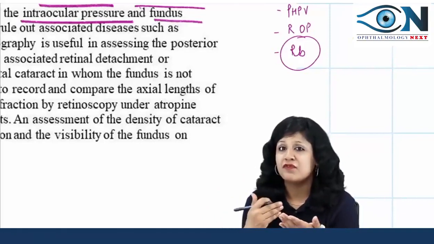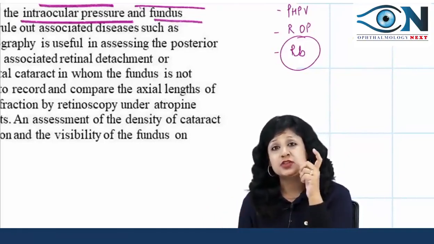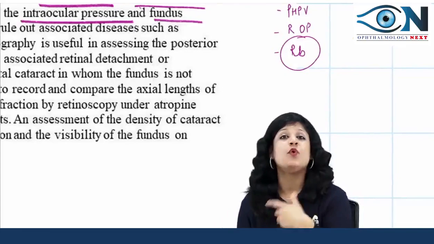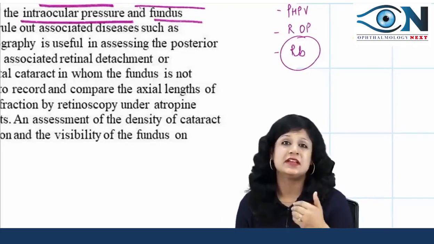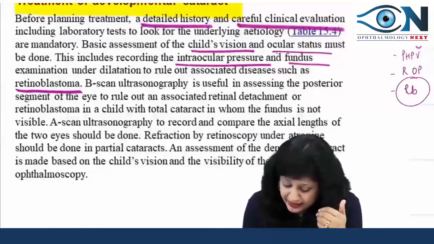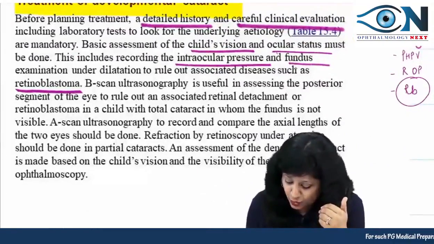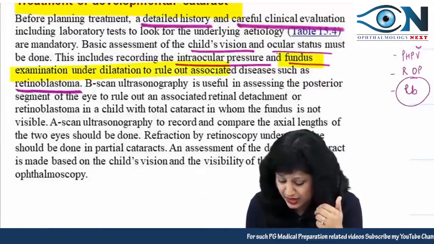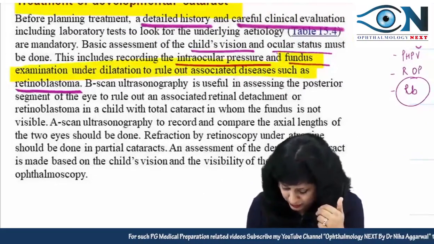That is very, very important, because it's always better to overestimate the tumors rather than underestimate. So that is the whole idea why we want to do the fundus examination under dilatation. That is very, very important.